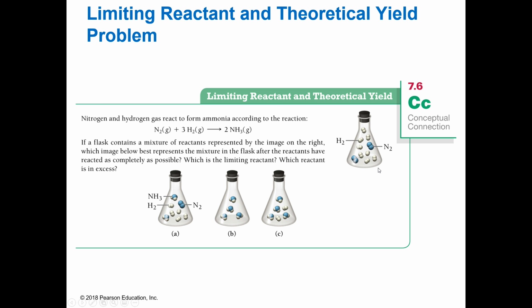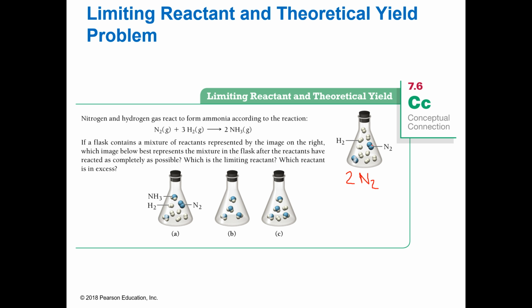Okay, so I encourage you to write this down as we go through this problem. Here we're making ammonia from nitrogen gas and hydrogen gas, right? Now, if a flask contains a mixture of reactants represented by the image on the right, so here it is, we have 2 nitrogens, so let's go ahead and write that. We have 2 nitrogens.